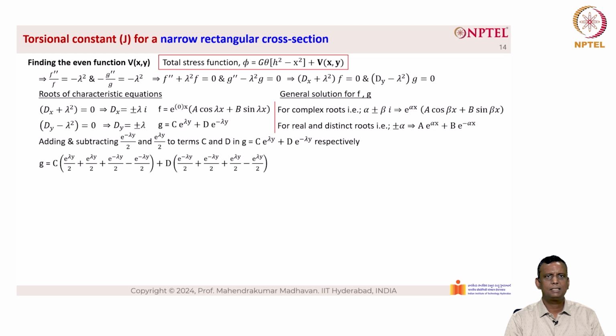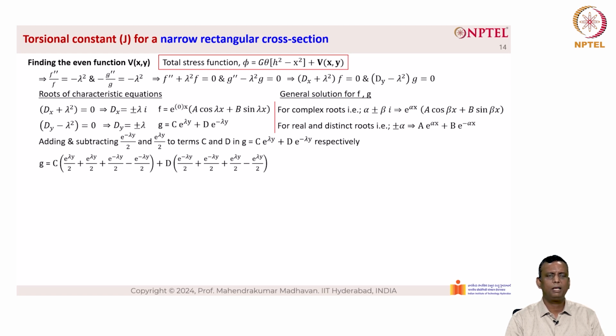Both of them, when we add them together, give e power lambda y. So this is basically splitting e power lambda y as e power lambda y by 2 plus e power lambda y by 2. The third term is e power minus lambda y by 2, and then we subtract e power minus lambda y by 2, basically adding and subtracting e power minus lambda y by 2.